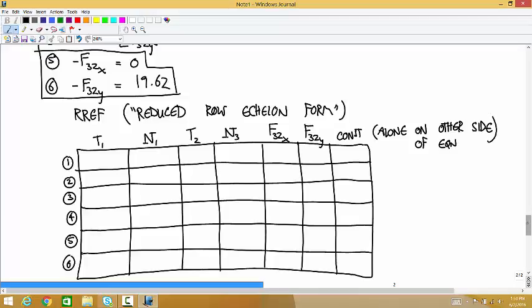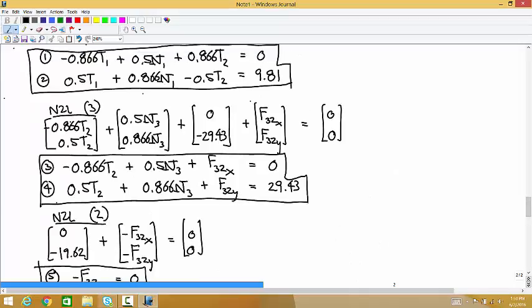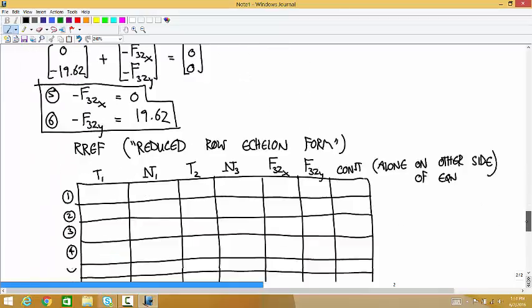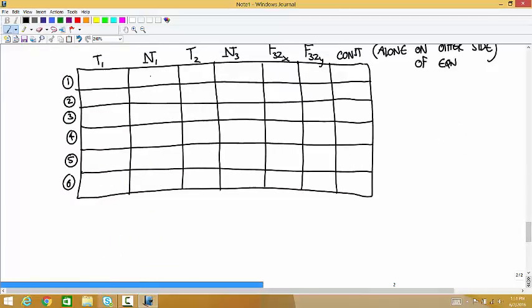So that's why when I went through and wrote down the equations, I moved all the constants by themselves over to the right. Okay, so we're just going to fill this matrix in with the coefficients of all of these variables.